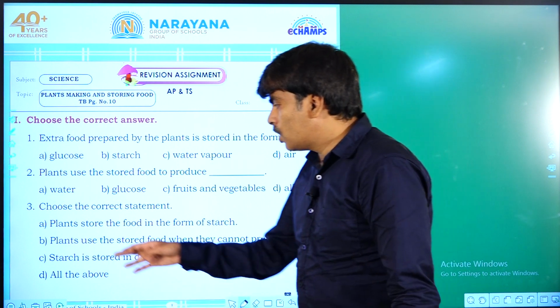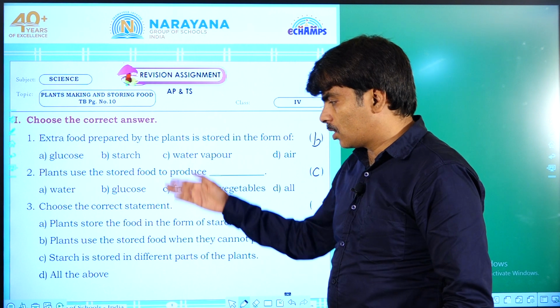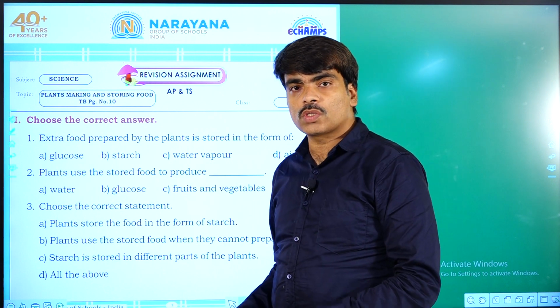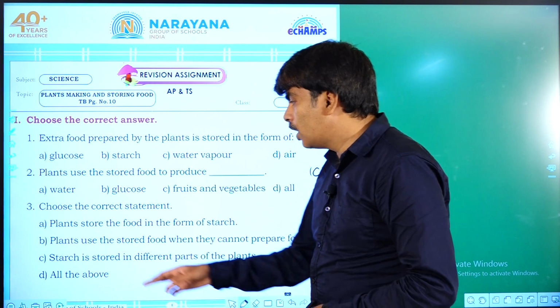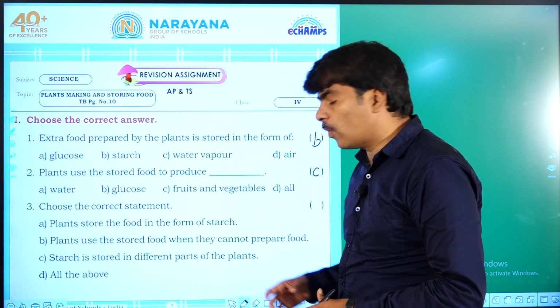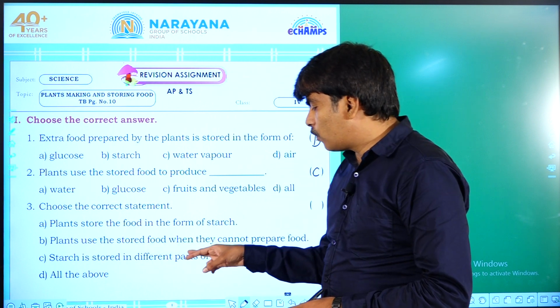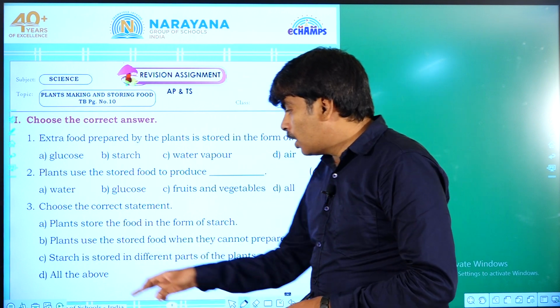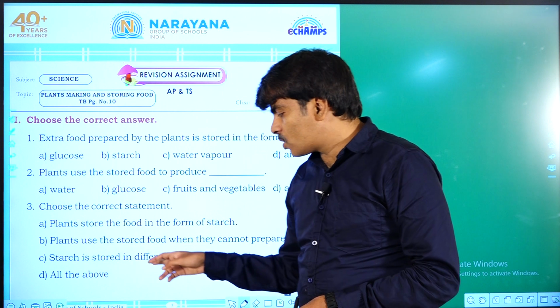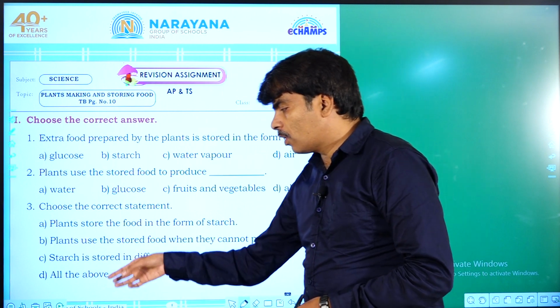Now the third question, choose the correct statement. Option A, plants store the food in the form of starch. Option B, plants use the stored food when they cannot prepare food. Option C, starch is stored in different parts of the plant. Option D, all the above.